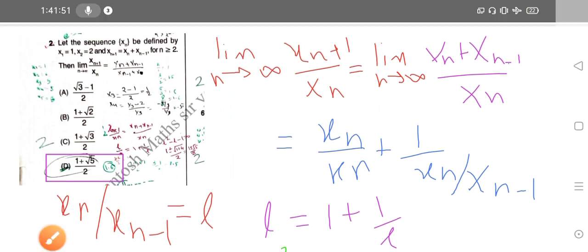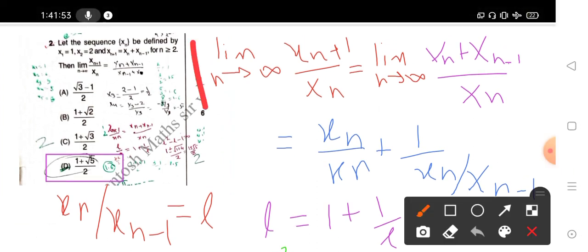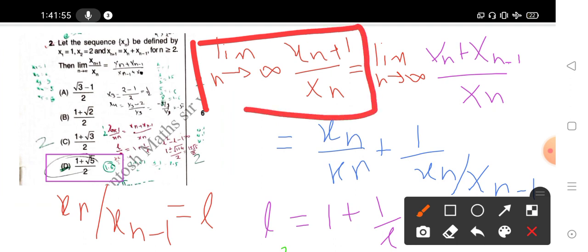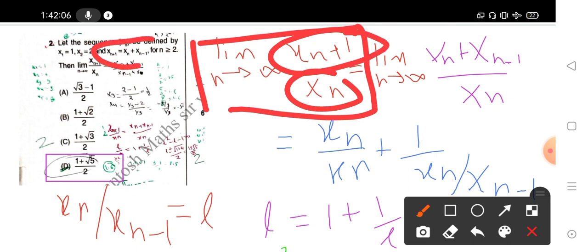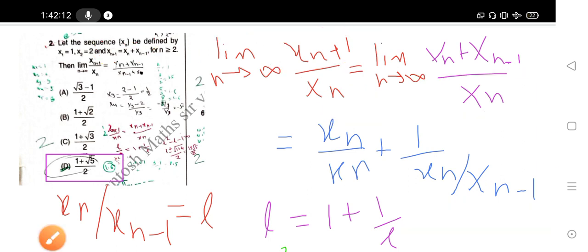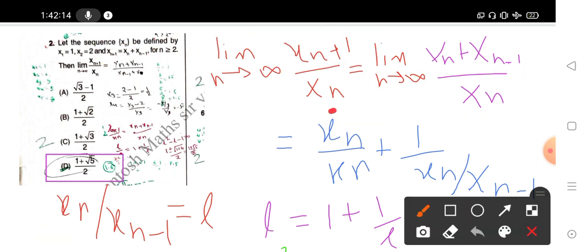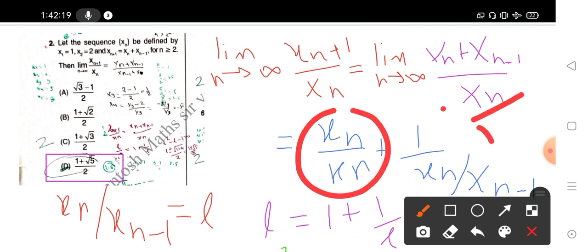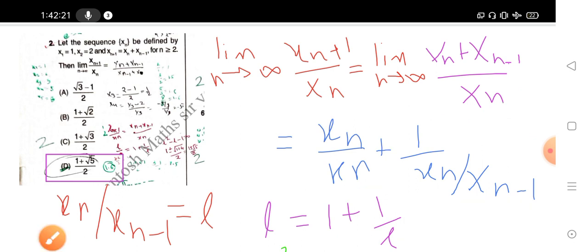Now find the limit as n tends to infinity of xn plus 1 upon xn. Here xn is given, and xn plus 1 is also given. xn plus 1 equals xn plus xn minus 1, and dividing by xn, we get xn plus 1 upon xn equals xn upon xn plus xn minus 1 upon xn.